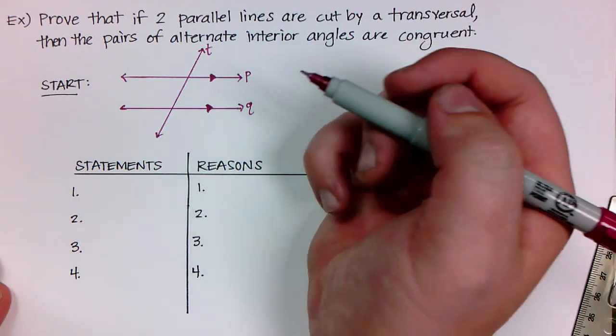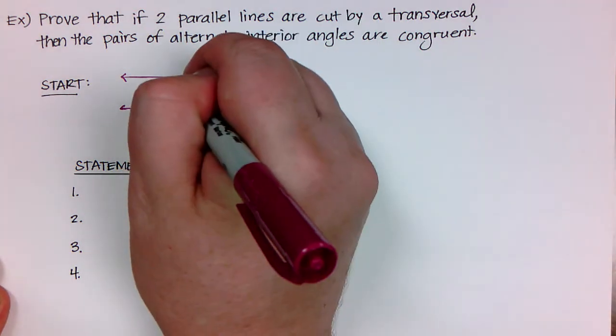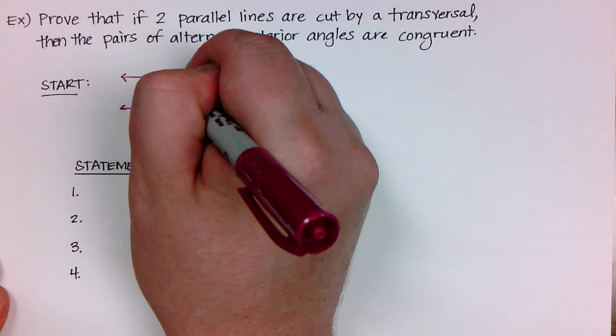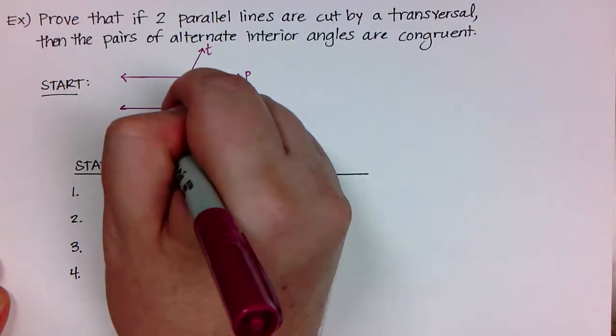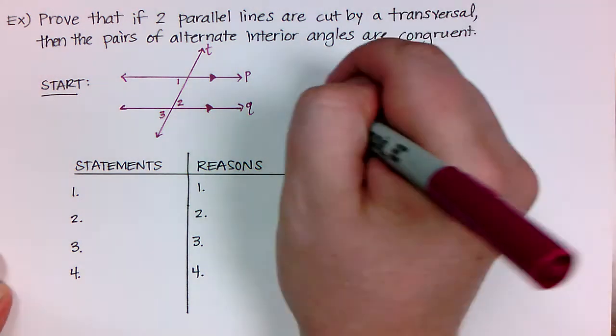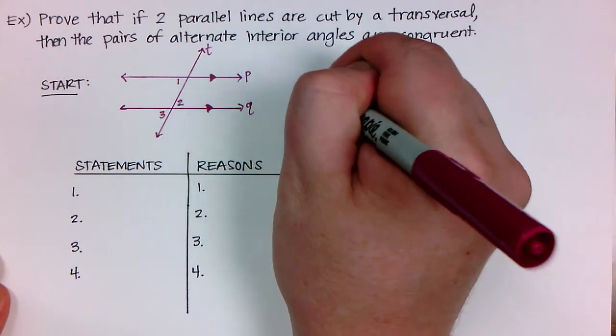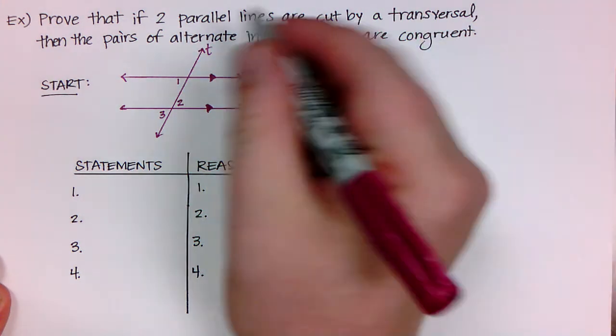Okay. And I'm talking about alternate interior angles. So why don't I just label one pair? I'm going to label this angle 1 and angle 2. And I'm also going to label a third angle down here, and you'll see why. So really, what I'm given, just from my description, was two parallel lines cut by a transversal.